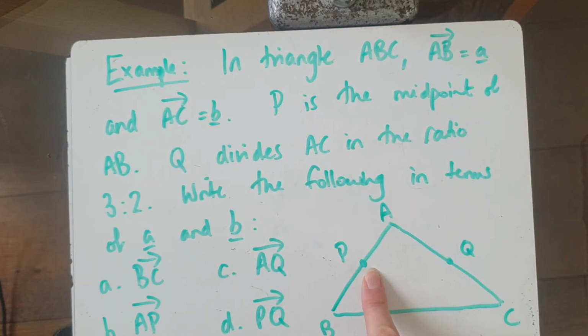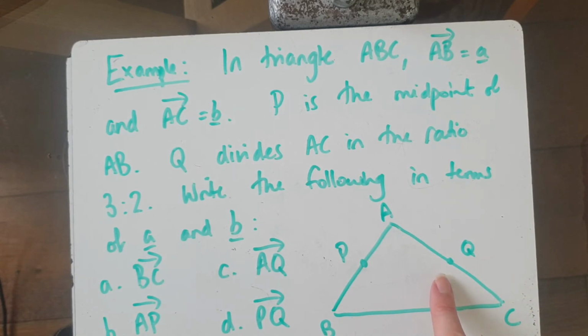P is the midpoint of AB and Q divides AC in the ratio 3 to 2. We've then got to find these vectors: BC, AP, AQ and PQ. So pause the video and copy that down, because I am going to start working now on a new board.